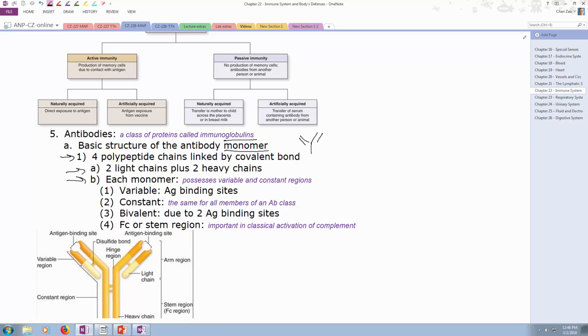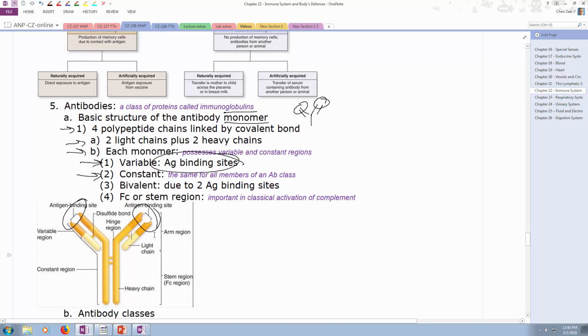The interesting thing is the chains, whether they're light or heavy, have an area that's called variable and an area that's called constant. The variable region is the antigen binding sites, which are at the ends of the Y.